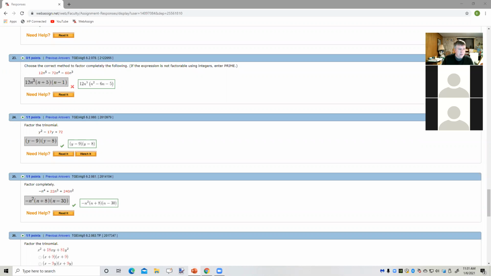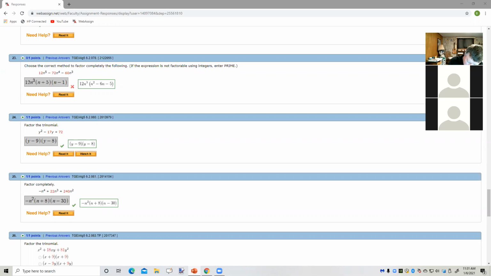Let's take a look at problem number 23, which says 12n to the 5th power minus 72n to the 4th power minus 60n cubed. All right, so the greatest common factor is 12n cubed, and that leaves behind n squared minus 6n minus 5. Okay, so we're going to pick it up there.